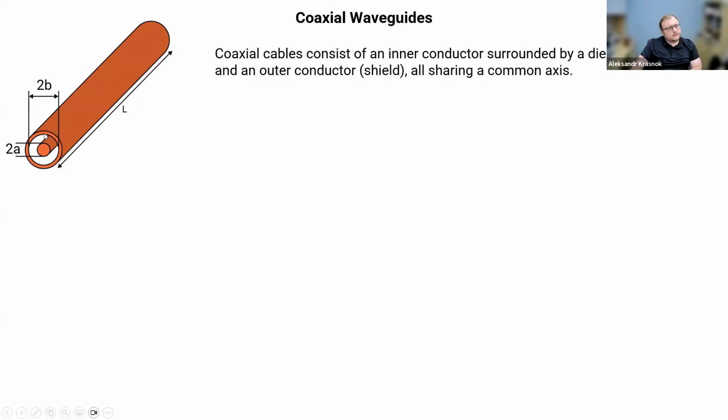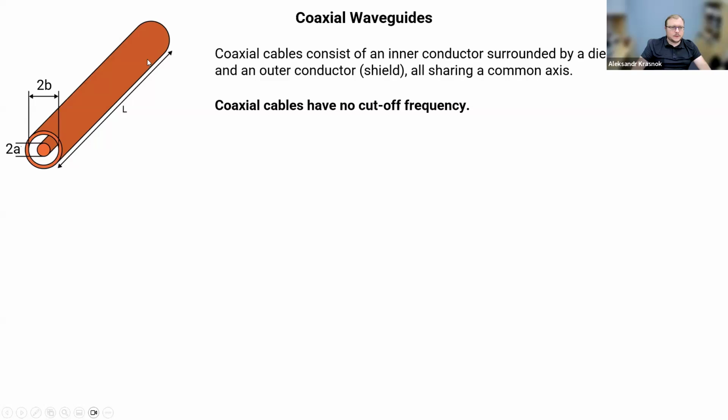As you can see, it has this outer cylinder, right, and this inner conductor. The presence of this inner conductor is important because it makes this waveguide cutoff free. Okay, so this waveguide has no cutoff frequency.